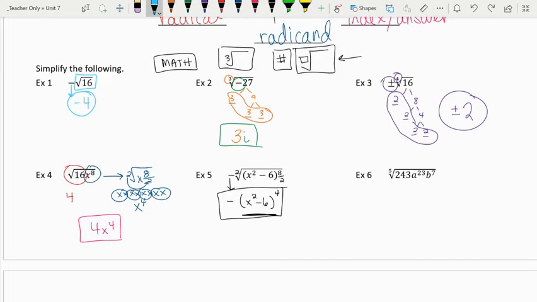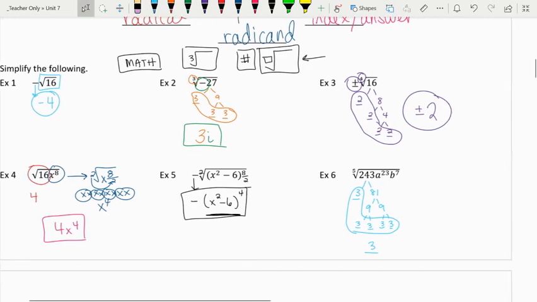Nope, not divisible by 6. 243 is divisible by 3. 3 and 81. 81 is 9 and 9. 9 is 3 and 3. 3 and 3. So it just so happens that this actually is a perfect fifth. 3 to the 5th does give me 243. So that means that we can pop a 3 out. Now again, we can have numbers left underneath the root, but right now so far we haven't.